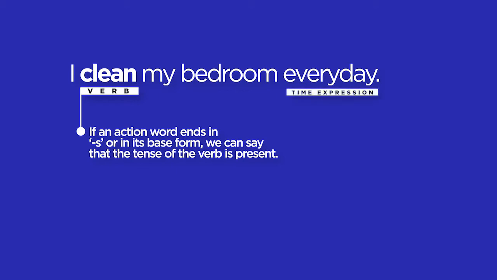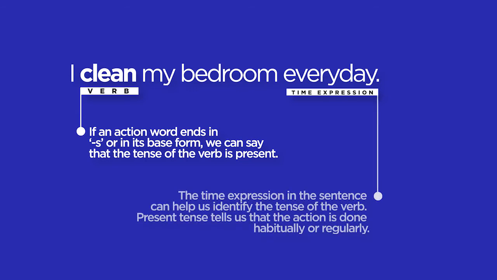The time expression in the sentence can help us identify the tense of the verb. Present tense tells us that the action is done habitually or regularly. In this sentence, the present time expression every day is used.